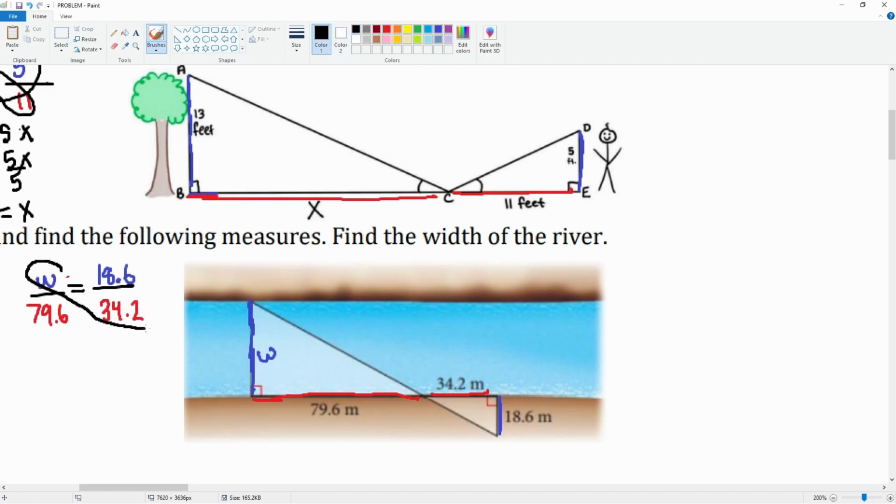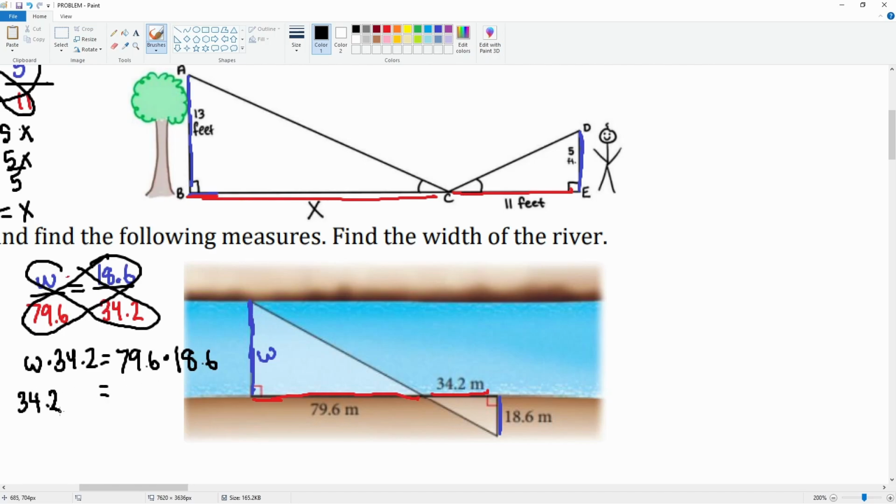Now we can cross multiply. W times 34.2 is equal to this part, which is 79.6 times 18.6. Okay, this gets you 34.2 W. The other one is 79.6 times 18.6, which is 1424.76, divided by 34.2 to both sides.